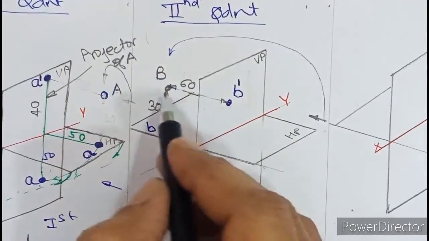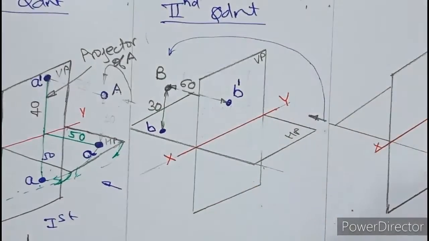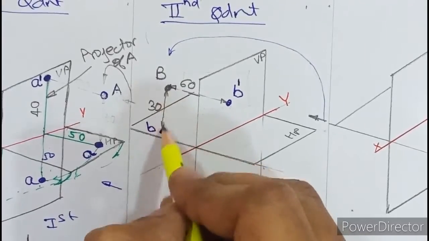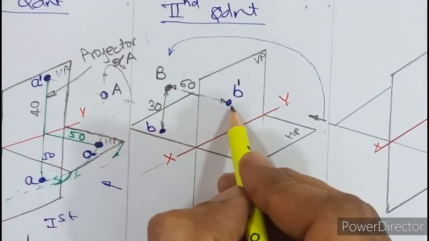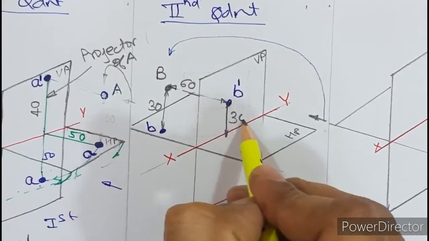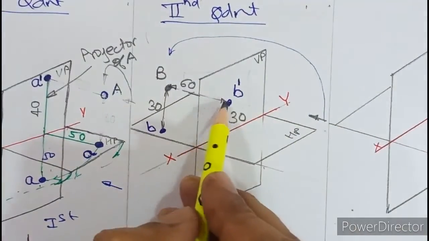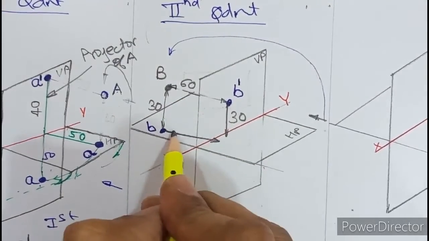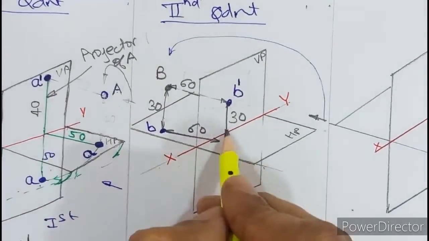So B dash and B are the front view and top view respectively. Now, because point B is 30 above, when you look in the front view, this B dash has to be 30 above xy. So even this is 30 because they are parallel. And because this is 60 behind, top view B is 60 from here.